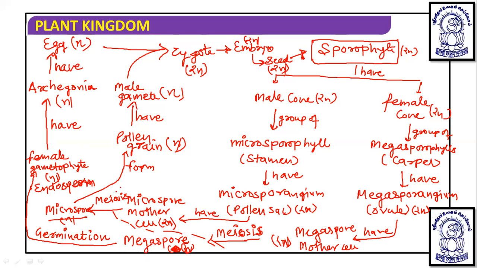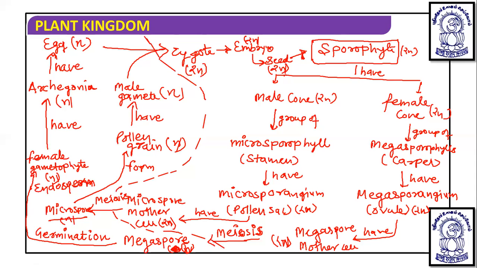Before this are the diploid structures, and on the left side you can see the haploid structures representing the gametophytic generation, and on the right side the sporophytic generation. So like this, the life cycle occurs in the sporophyte and gametophyte.